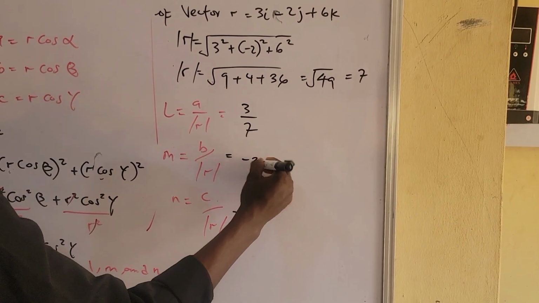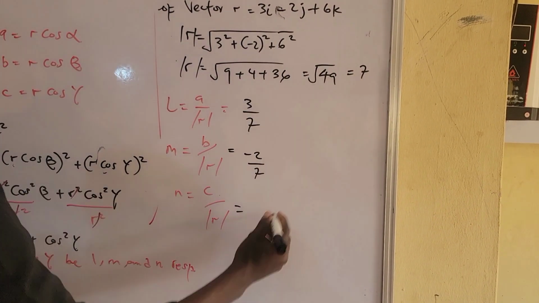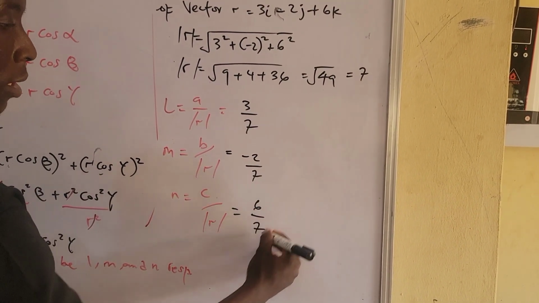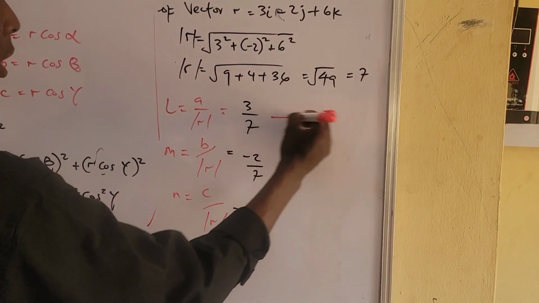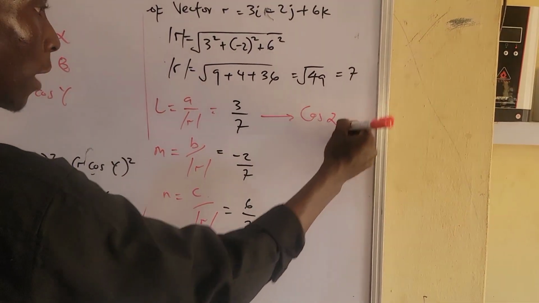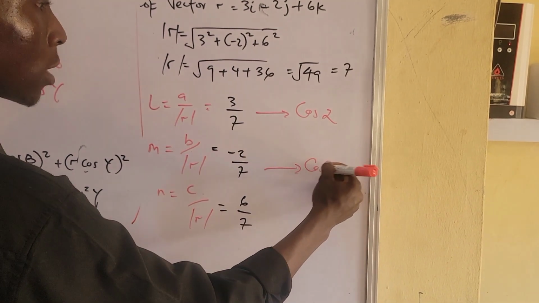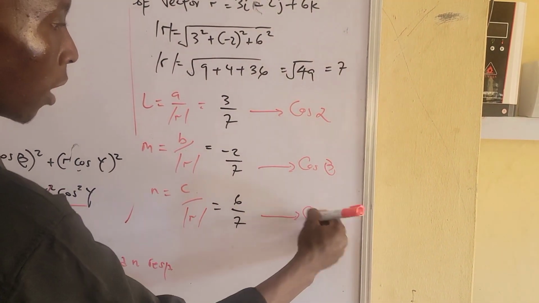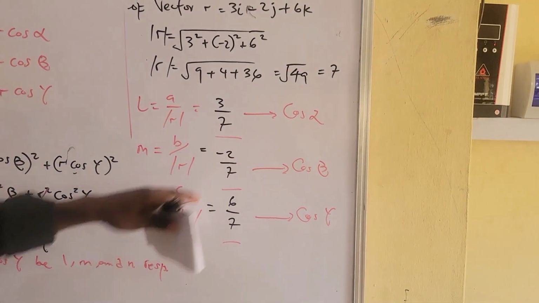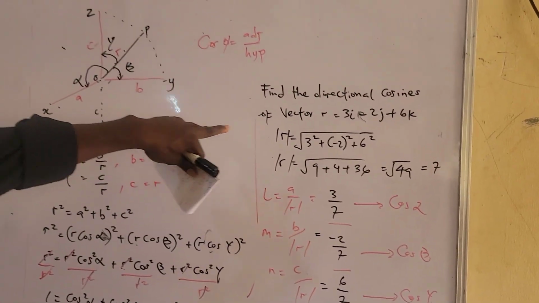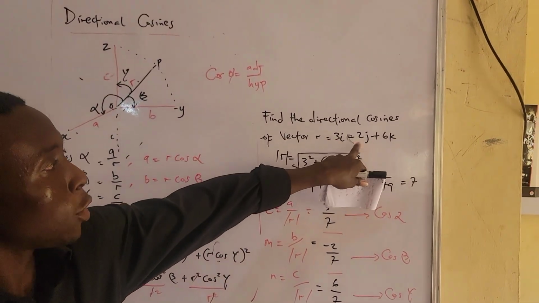Then our b is minus 2, so minus 2 over 7. Then our c is 6 over 7. In case we were given alpha, beta, and gamma, this will be our cos alpha, this will be our cos beta, and this will be our cos gamma. So these are the directional cosines of the vector 3i minus 2j plus 6k.